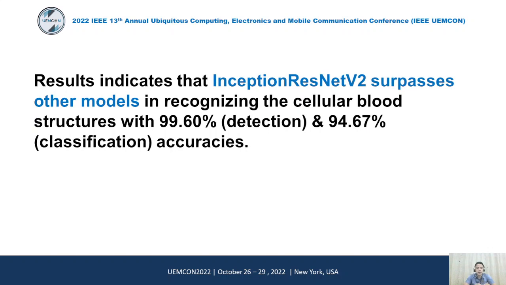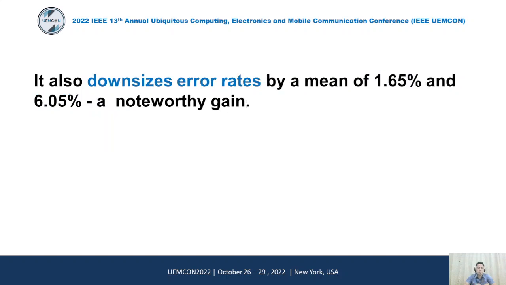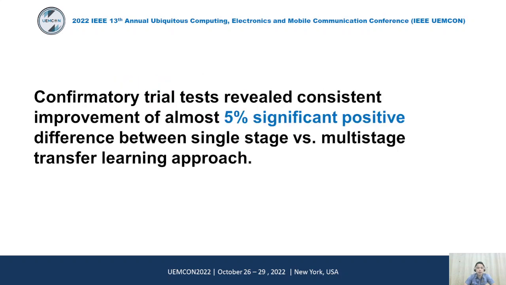The result indicates that the Inception ResNet V2 surpasses other models with 99.6% accuracy for detection and 94.67% accuracy for classification. It also downsizes error rates by a mean of 1.65% and 6.05%. It is a noteworthy gain in terms of image processing.